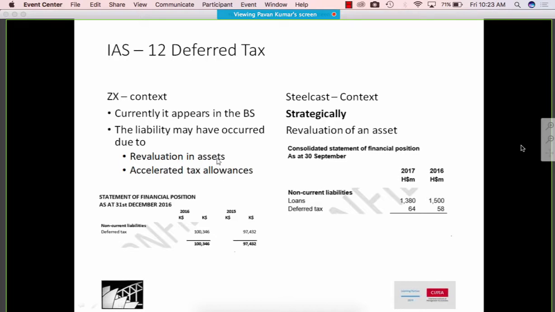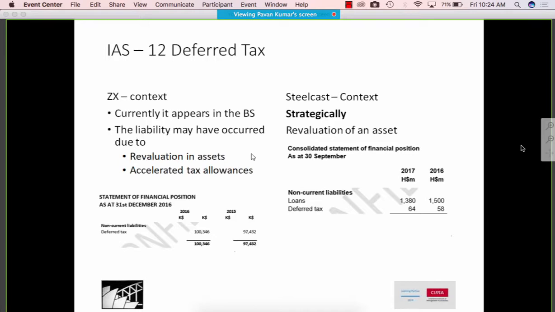Now, why does a deferred tax on the liability side come? There is an upward revaluation in the assets, and this point is applicable to both the case studies. Because of the upward revaluation, certain tax liability has come up. That is one reason. And the second reason is accelerated tax allowances.